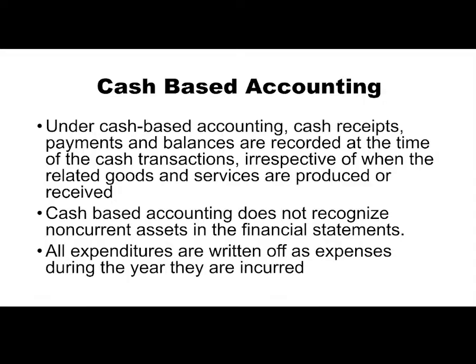Recurrent expenditures are incurred by the government on normal activities, while development expenditures are incurred for the establishment of new agricultural and industrial projects, installation of new plant and machinery, and construction of various projects. Those are the two things I had forgotten to say.